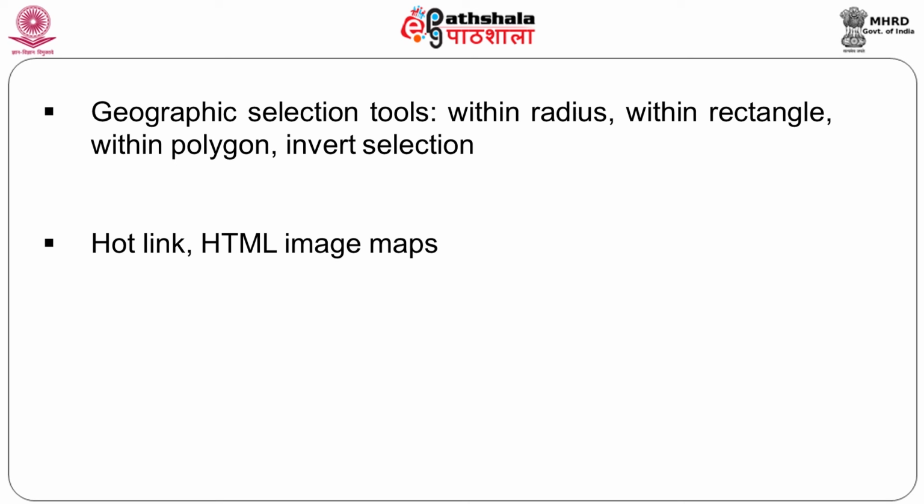Once I make a selection, I may also have to invert it. For example, out of 100 I make a selection of 30, I want to invert it, I can use the invert selection facility. Well, the next important thing is hot link. Hot link or HTML image maps, how do you use that?